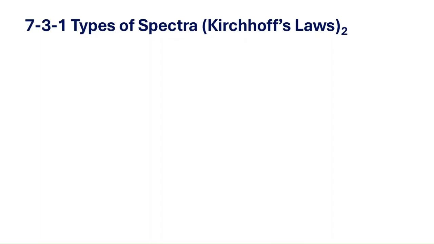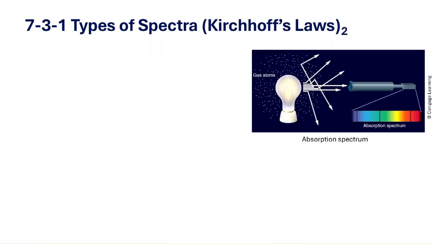Now that we have seen Kirchhoff's first law, the continuous spectrum from hot dense matter, let's move on to the next two laws. Kirchhoff's second law says, if light from a hot dense source passes through a cooler transparent gas, then that gas absorbs specific wavelengths. So the result is an absorption spectrum, a rainbow with dark lines.